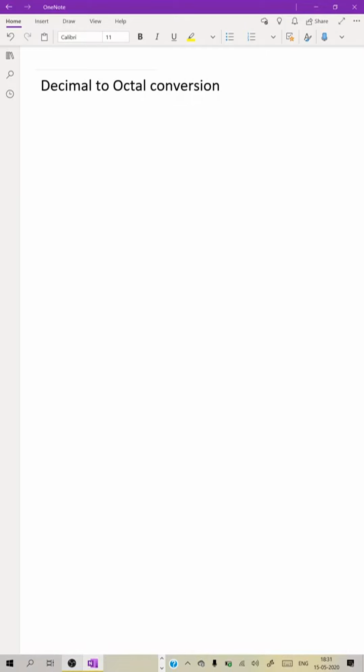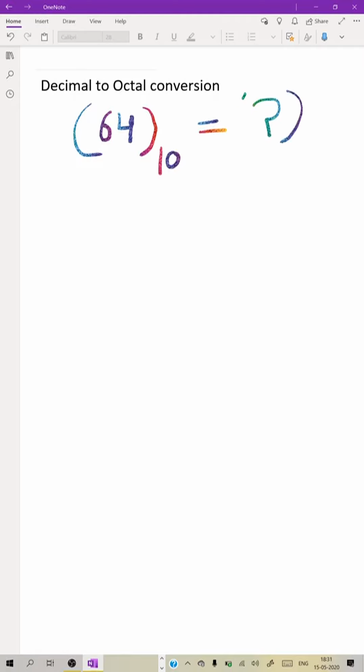Decimal to octal conversion. For example, my value is 64, which is a decimal number, so its base is 10. Now we want to convert it into an octal number, and the base of octal is 8.